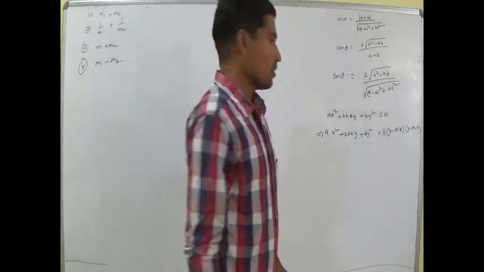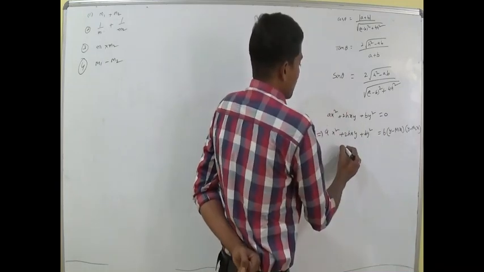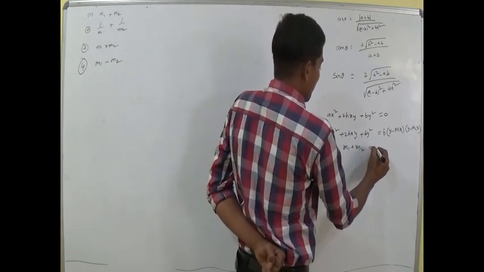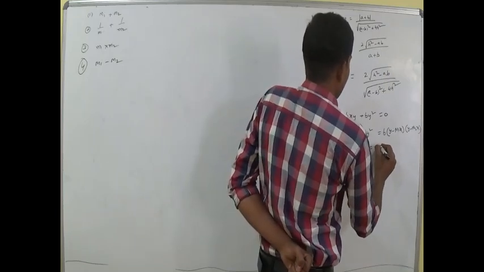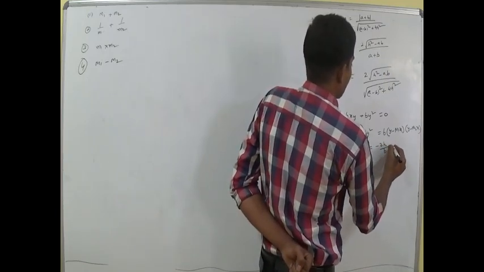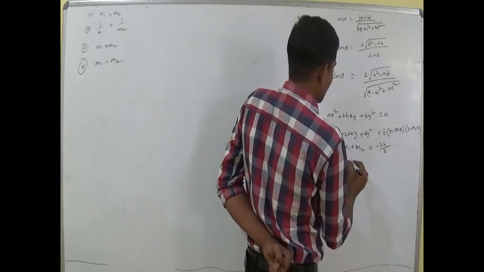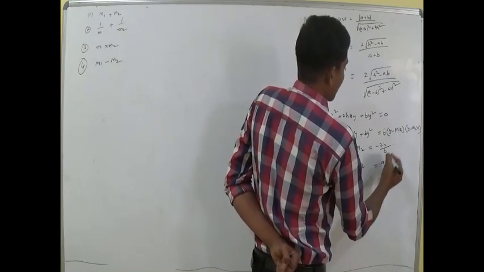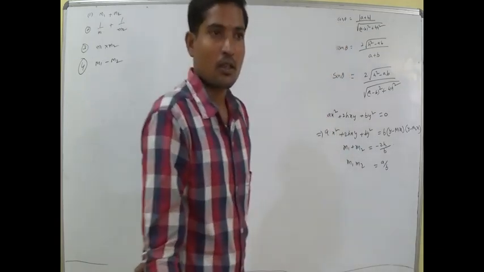Then the sum of the slopes m1 plus m2 equals minus 2h by b, and the product of the slopes m1 m2 equals a by b. Clear?